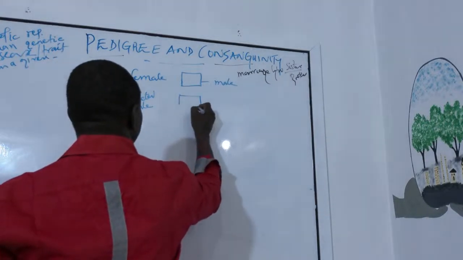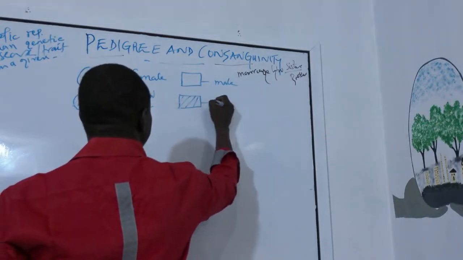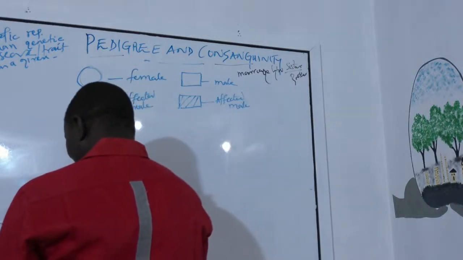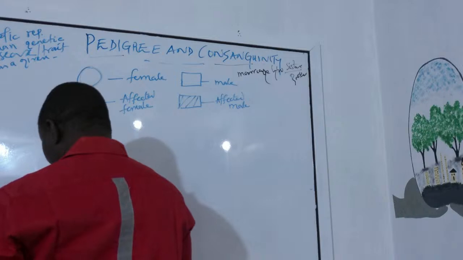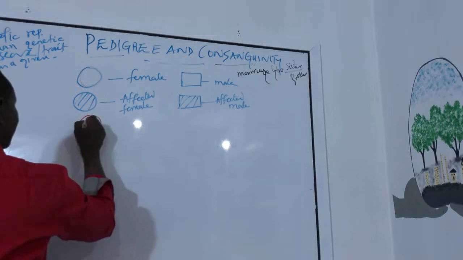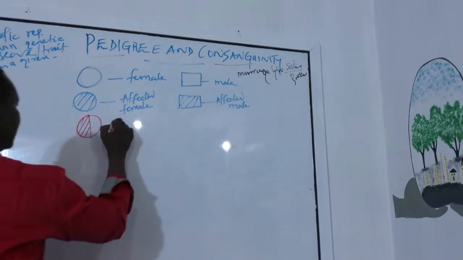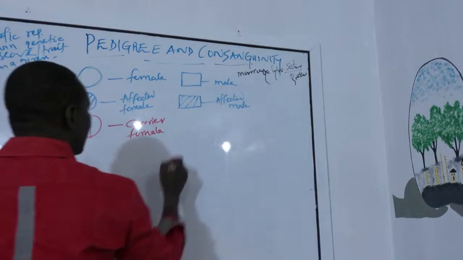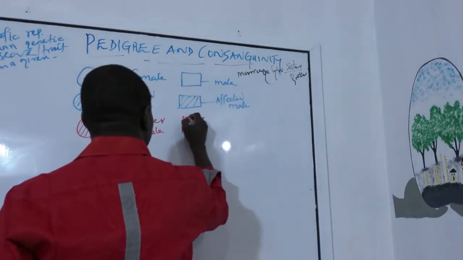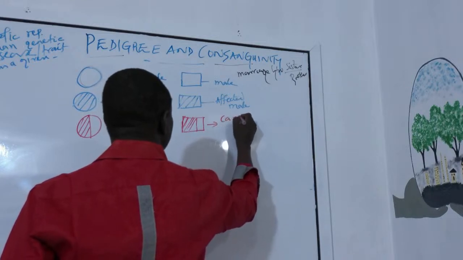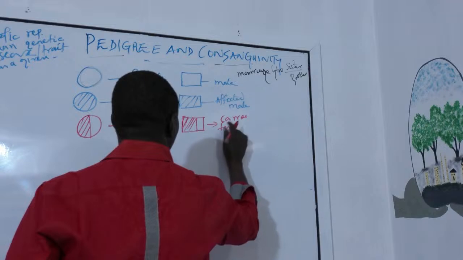If you see a shaded rectangle, this person is an affected male. If you see a half-shaded circle, the person is a carrier female. And if you see a half-shaded rectangle, this person is a carrier male.